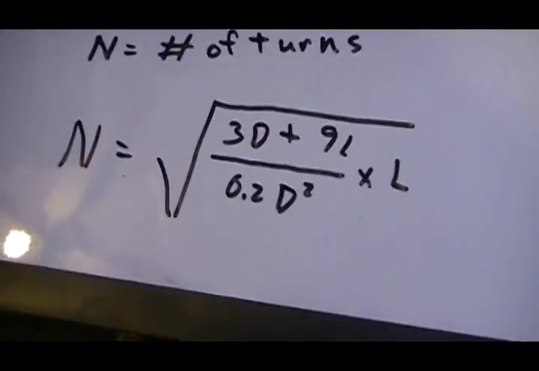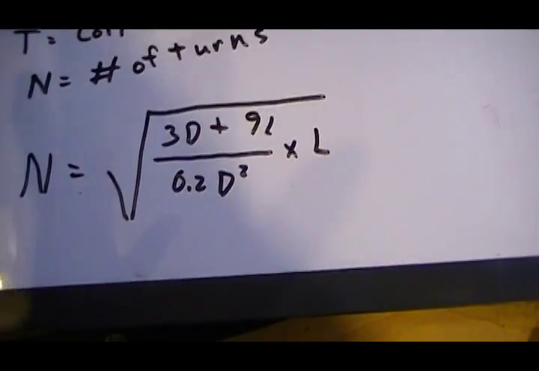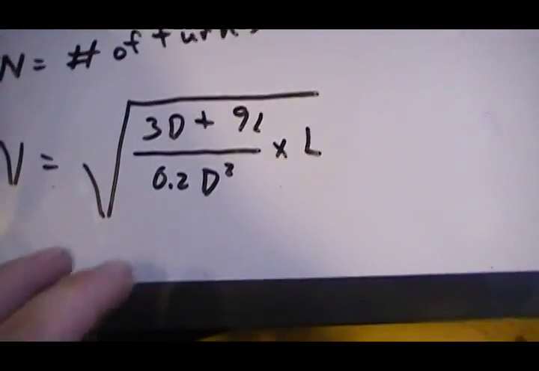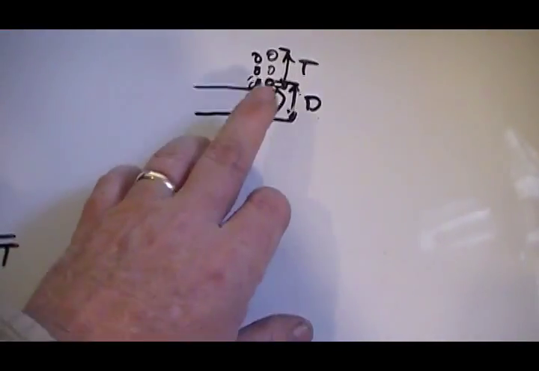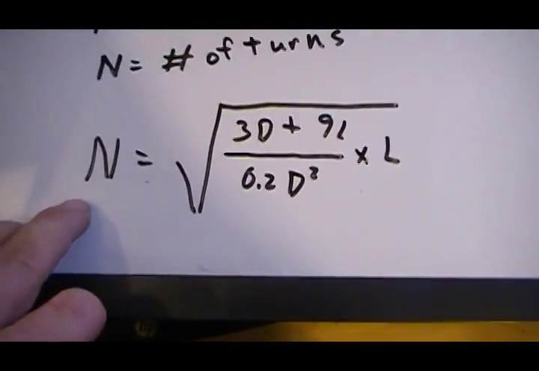Now, what if you know the inductance you want? You have the size of the wire, you have your coil form, so you have an idea what your diameter is going to be. Say it's just a single layer coil, I left T out of this, you can figure out the number of turns.